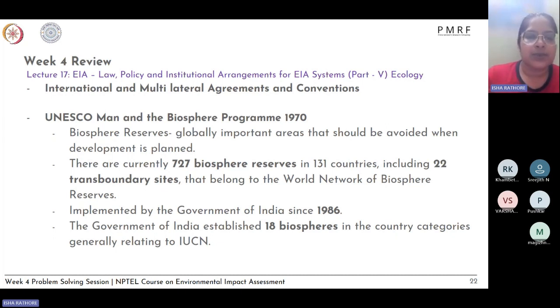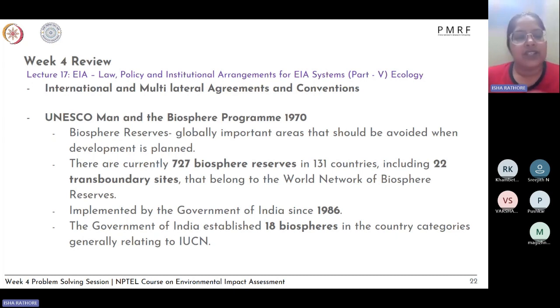Because these biosphere reserves can be added over the years, as governments identify different areas which need protection or which are biologically more active. Over the years these numbers can change, but for your examination, just remember the numbers mentioned in the slides, or have a brief idea of what the correct answer should be according to the module.